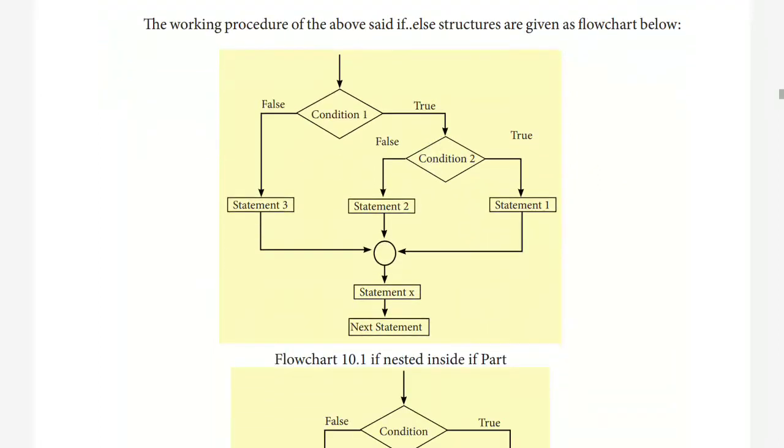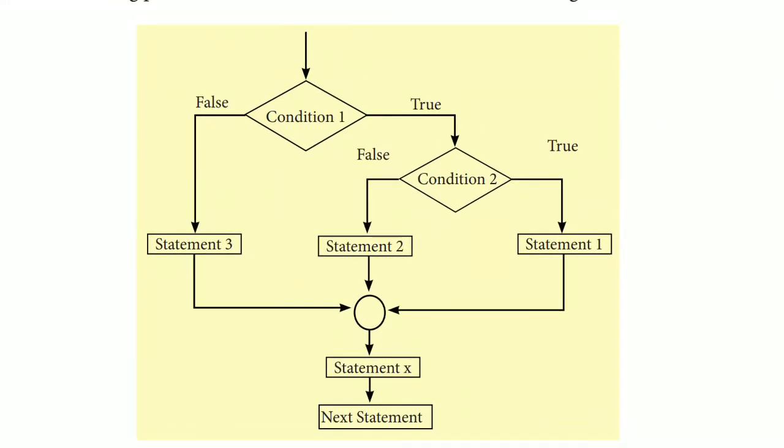This is the flow chart of the first case, the nested if inside the if block. When the first condition is true, then it will move on to the next condition. If that condition is true, then statement 1 will be executed. If it is false, then statement 2 will be executed.